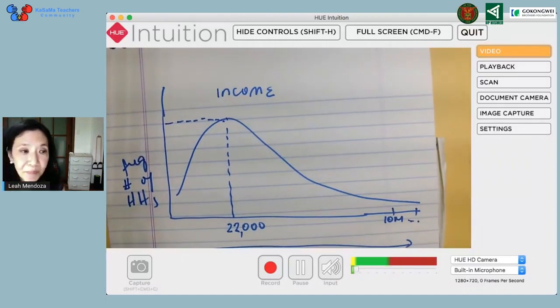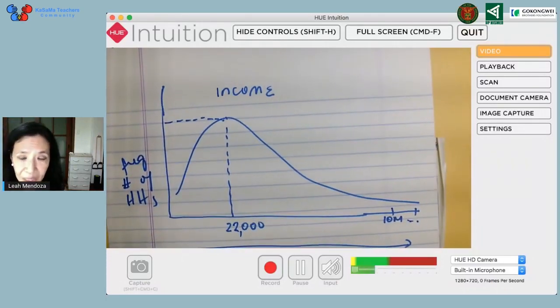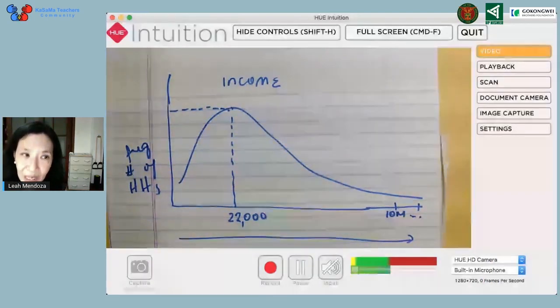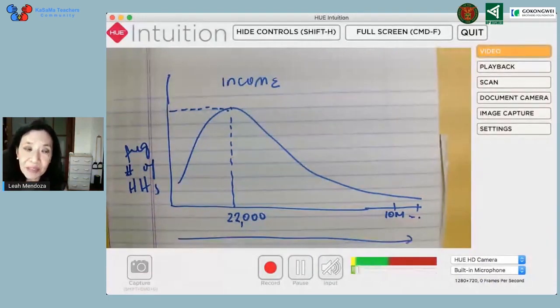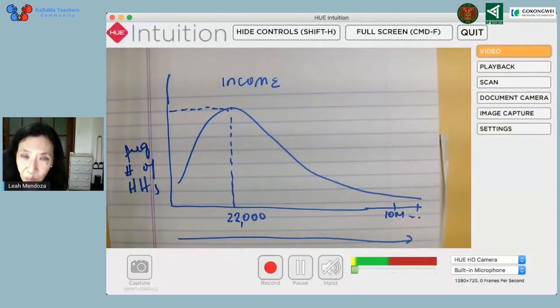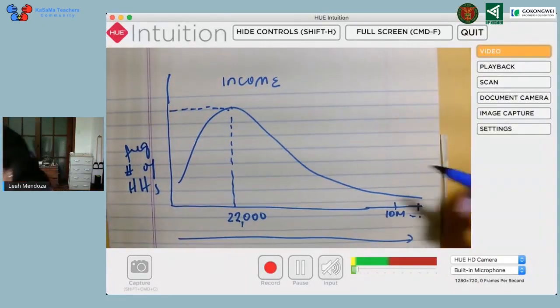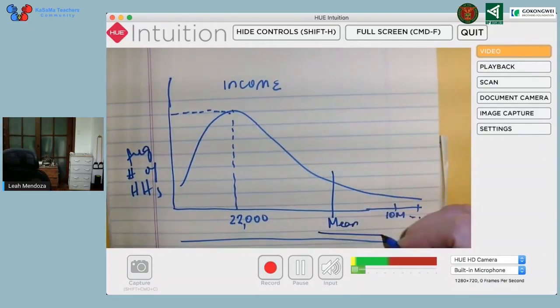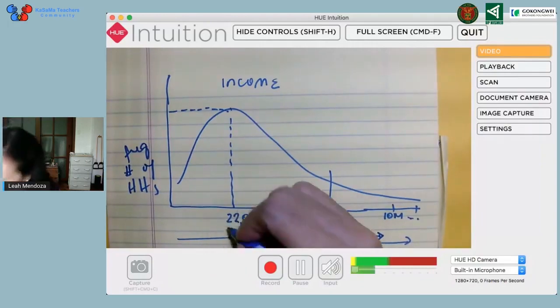So what happens? The mean is always pulled in the direction of the extreme values. And as I mentioned earlier, the disadvantage of the mean is that it is very much affected by extreme values. So the mean would be somewhere here. It is pulled in this direction. And let's say this is the mode.